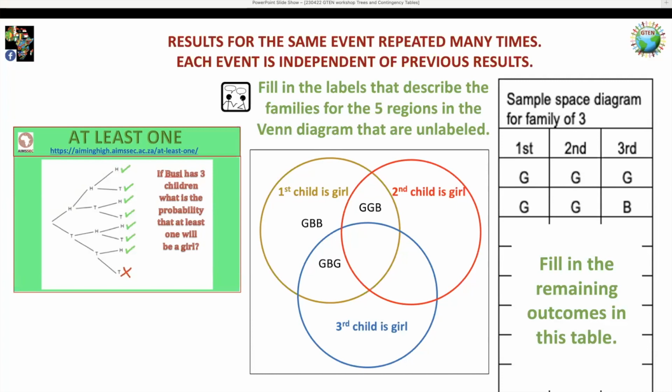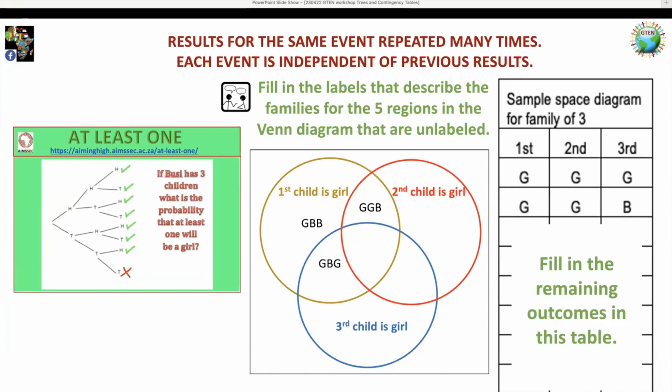In fact, when it comes to 3 children in a family, it means one of them's a girl and there are 2 boys, or 2 of them are girls and there's 1 boy, or there are 3 girls. So there's at least 1 girl. Which is every single situation except when there's 3 boys.